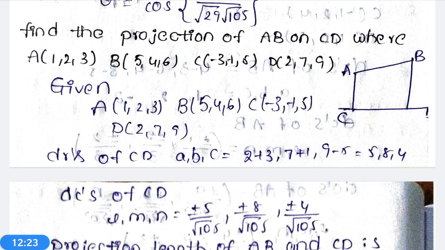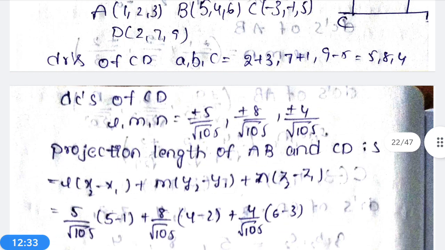DRs of CD is 2 minus minus 3, 7 minus minus 1, 9 minus 5. It will give DRs of CD as 5, 8, 4. Next, DCs of CD, L, M, N.